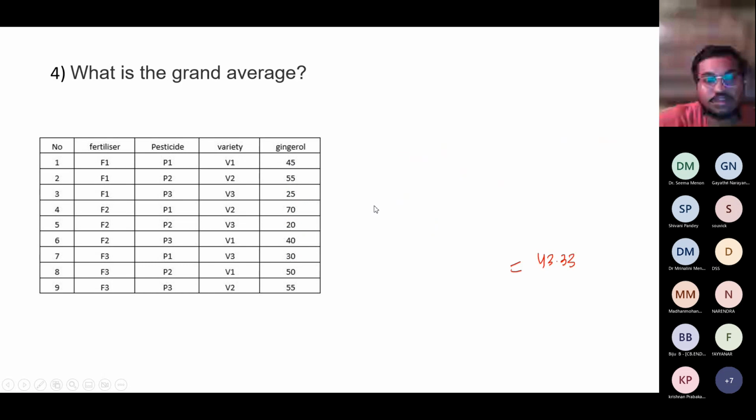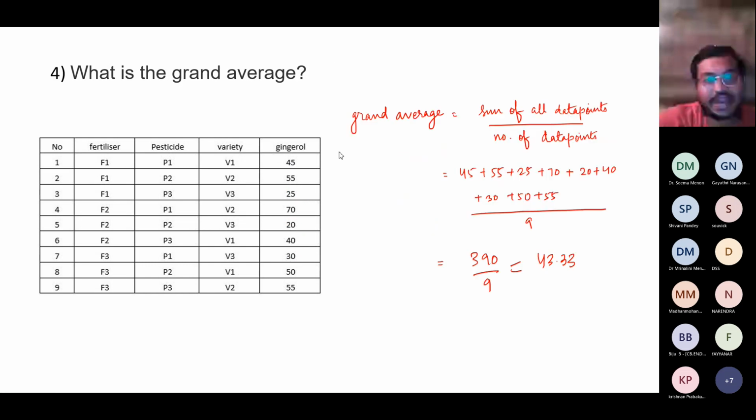For question number 4, we are asked what is the grand average. So the grand average is the average of the whole data set. For this, we take all the values, we sum them up, and we divide it by the total number of data points that we have, which is 9 in this case. And this comes out to be 43.33.